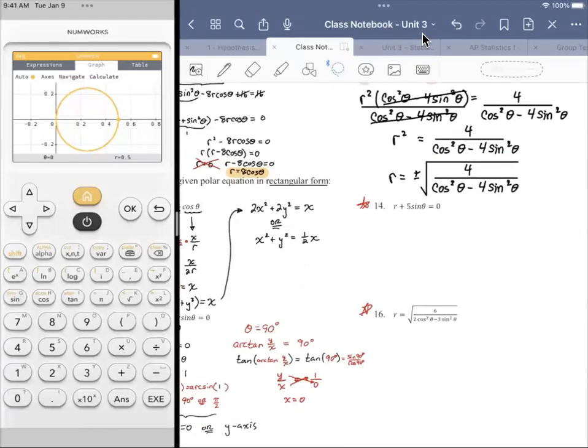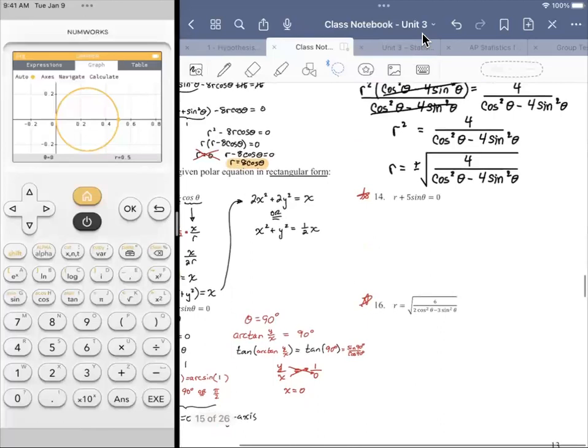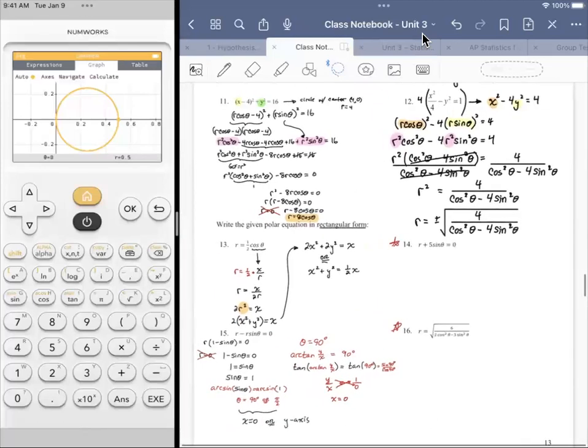You have a constant on the top of a fraction that's under a radical, a coefficient of cosine squared, in the case of this one, 12, that coefficient was 1, but still a coefficient, and a minus sign. So basically what it's getting at is these two equations are really the same type.